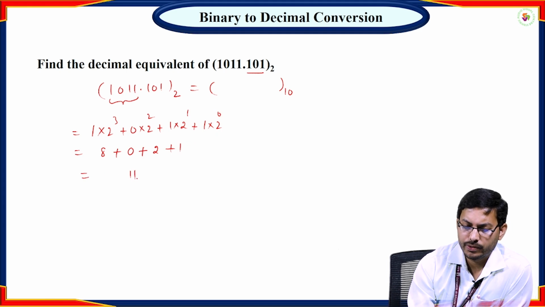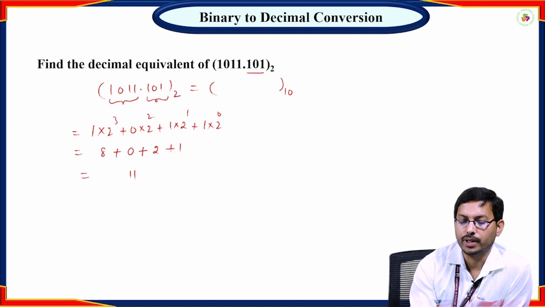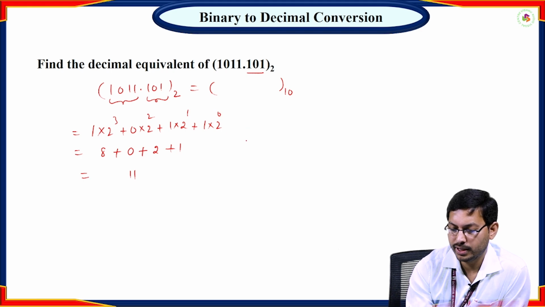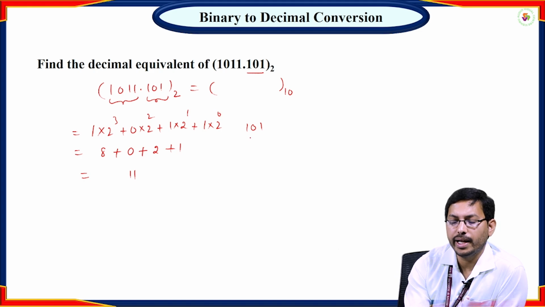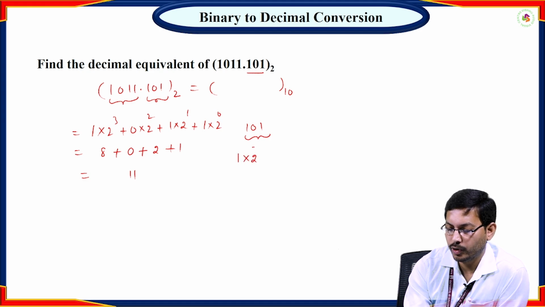Okay, so this part is completed. Now how to convert the fractional part? After the point, if you take the value 101, here also we need to take it simply. We multiply each and every bit: 1 into 2 power minus 1 plus 0 into 2 power minus 2 plus 1 into 2 power minus 3.